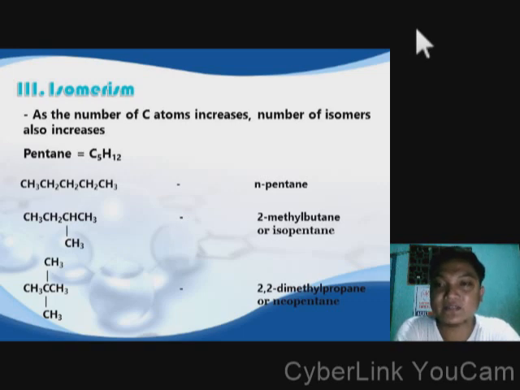Okay, tignan natin kung parehas ang number of your hydrogen. 1, 3, 6, 9, 12. 12 din. So, ang molecular formula of your N-pentane, 2-methylbutane, isopentane, your 2,2-dimethylpropane or neopentane is C5H12 but differs in structural formula. Gets niyo yun? Okay, sana nai-gets ha?